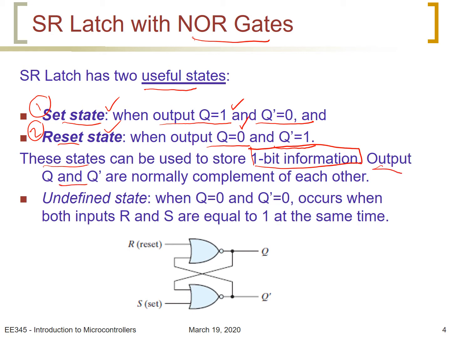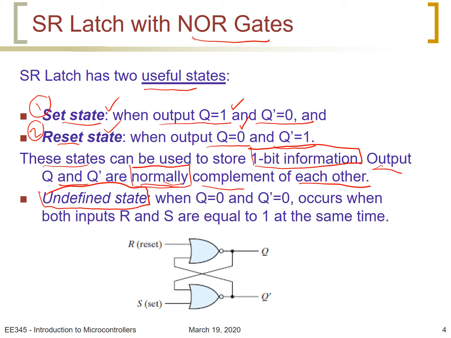The output Q and the Q prime are normally, not always, normally complement of each other. We say normally because there is an abnormal situation that we want to avoid. It is called an undefined state or unwanted state, or a state that we want to avoid.